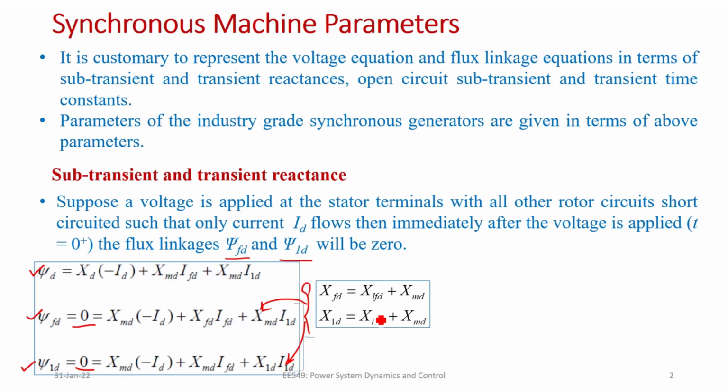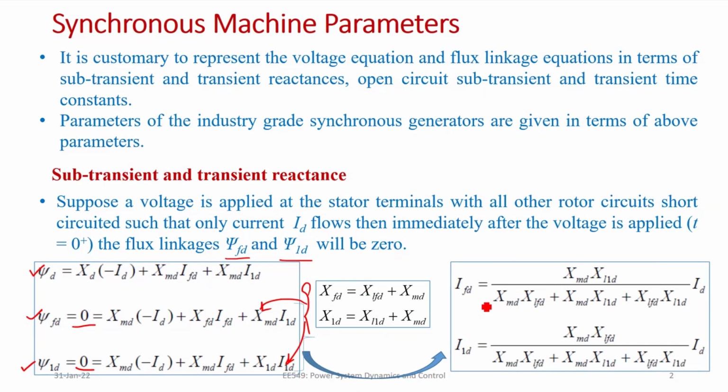Let us do that. First, if we eliminate I1d from these two equations, then we can write IFD in terms of ID. All these parameters are constant: xmd xl1d divided by xmd xlfd plus xmd xl1d plus xlfd xl1d, into ID.